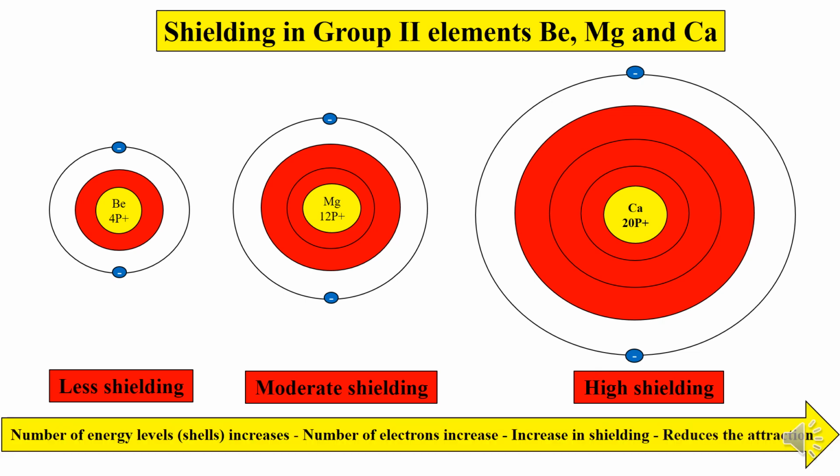So as the number of energy levels or shells increases, there is increase in the number of electrons, and with the increase in the number of core electrons, there is increase in shielding, and finally, as a result, this reduces the electrostatic force of attraction between the positively charged protons present in the nucleus of calcium atom and the valence electrons present in the outermost shell.